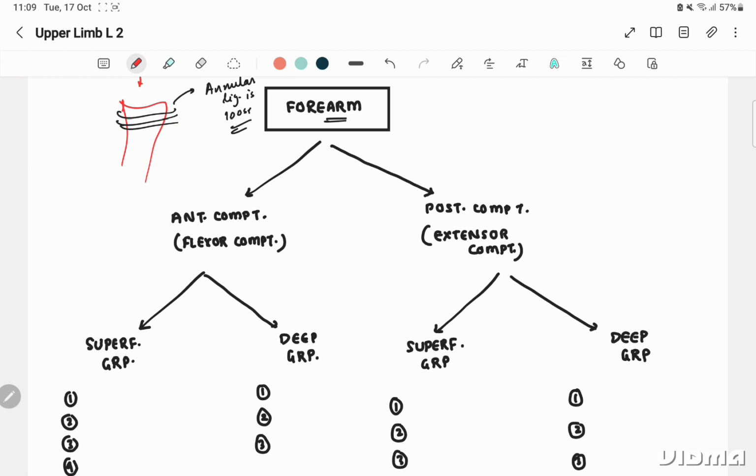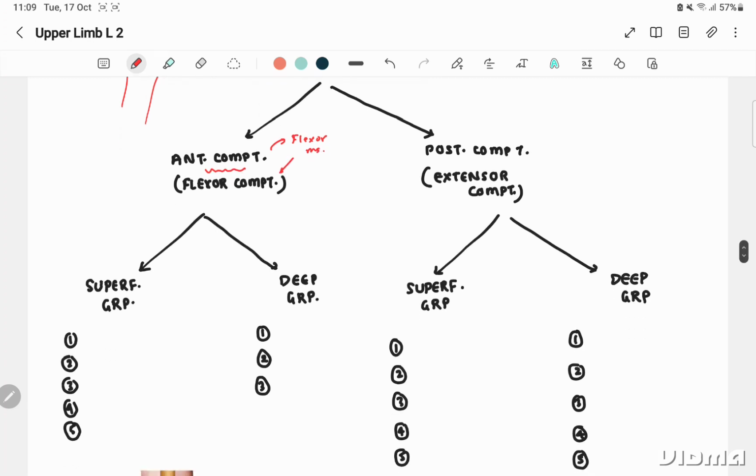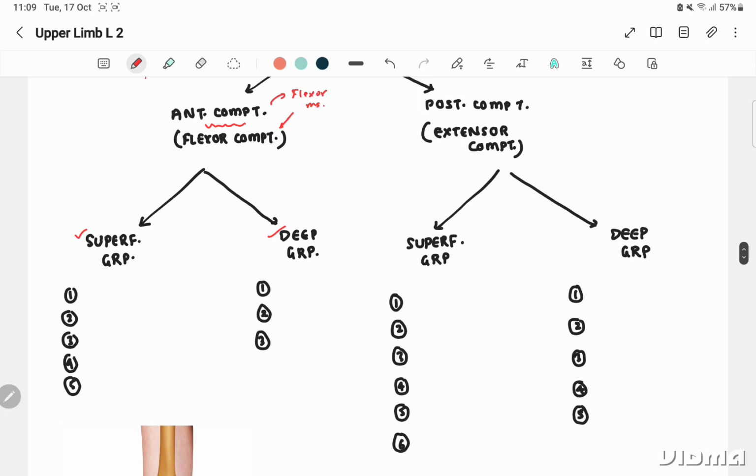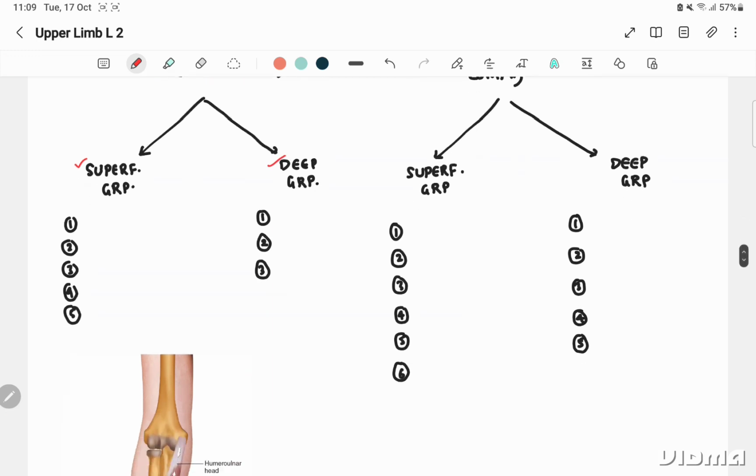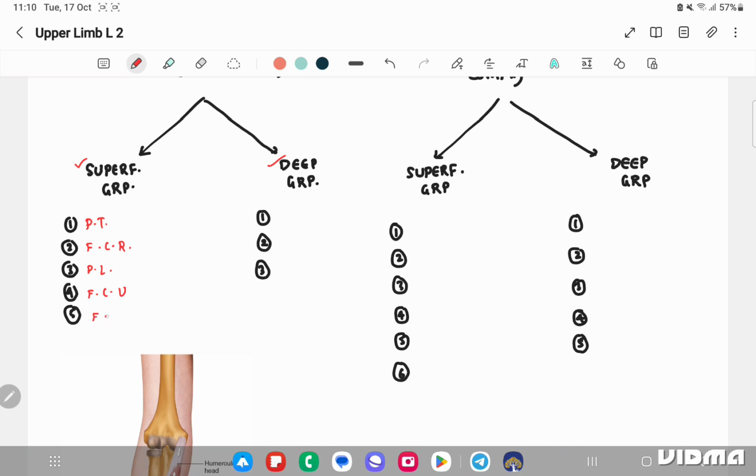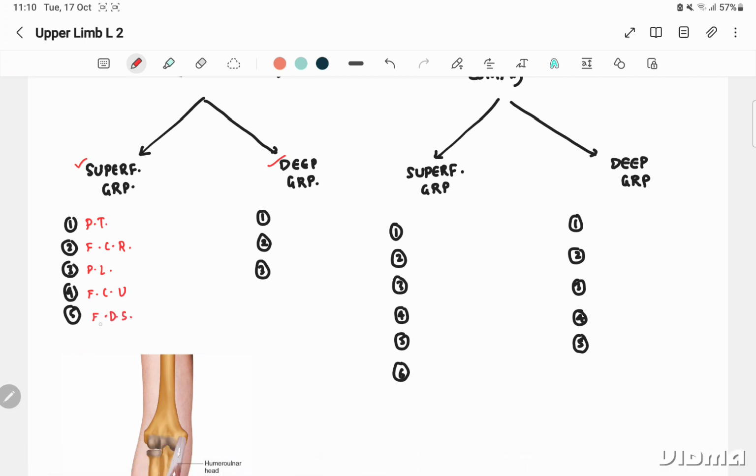So we have the anterior compartment. Anterior compartment generally contains flexor muscles, so this is called the flexor compartment. We have the superficial group and the deep group, which are present superficially and deeply. In the superficial group we have the pronator teres, the flexor carpi radialis, the palmaris longus, the flexor carpi ulnaris, and the flexor digitorum superficialis.